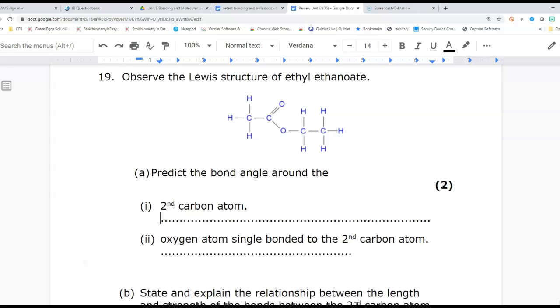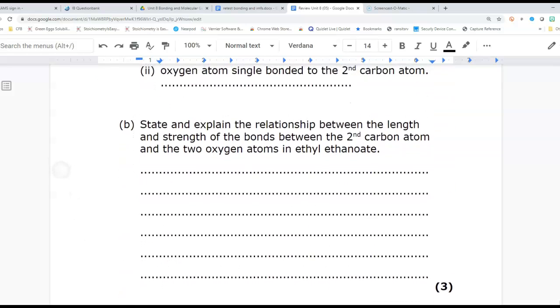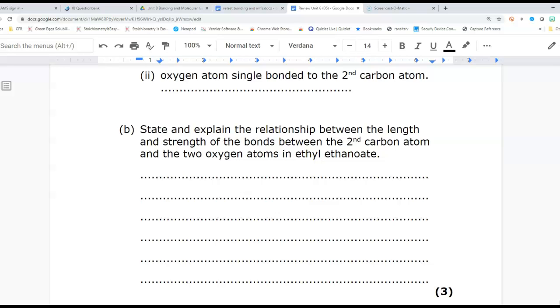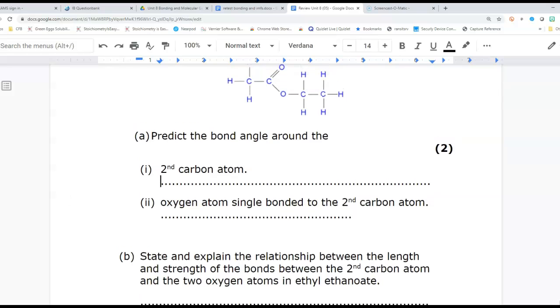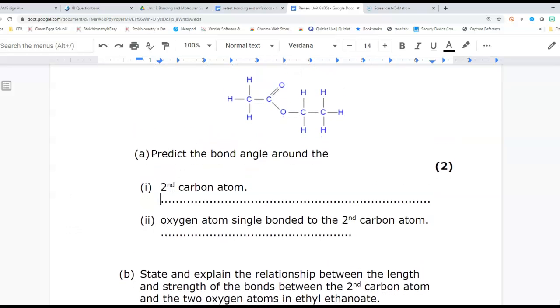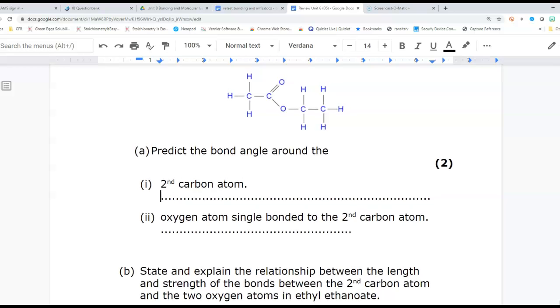All right, then state and explain the relationship between the length and strength of the bonds between the second carbon atom and the two oxygen atoms in ethyl ethanoate. They're referring to this bond here as compared to this bond here.